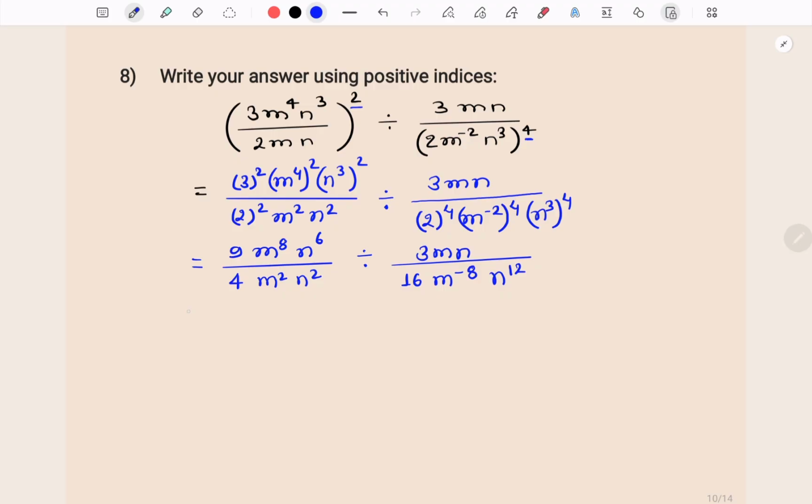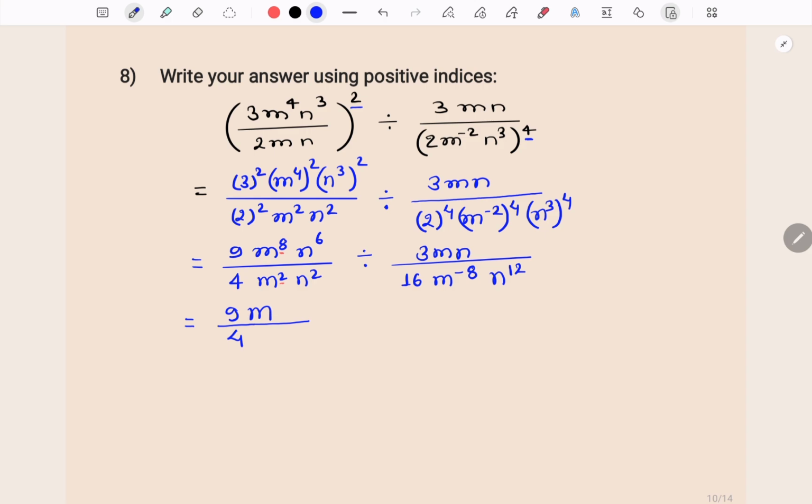Now we can solve this further. We have 9 over 4. Right. And now look carefully. Here we have m raised to the power 8. And here we have m squared. We are dividing. Right. Keep the base same. That is m.